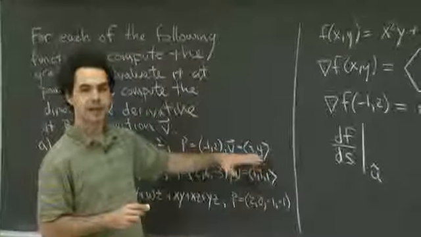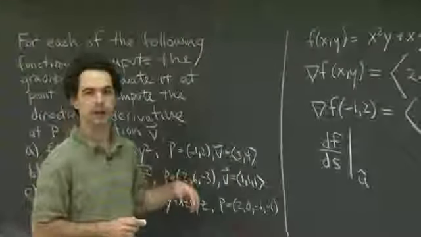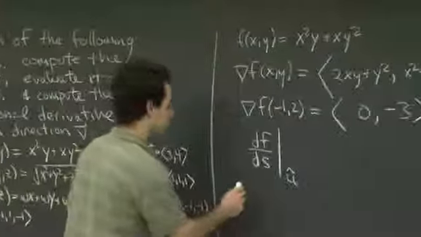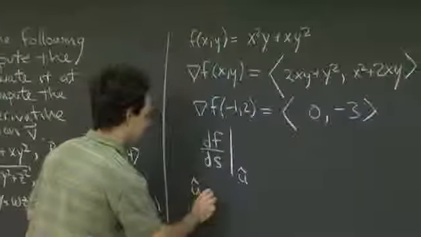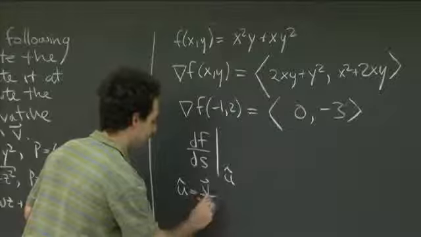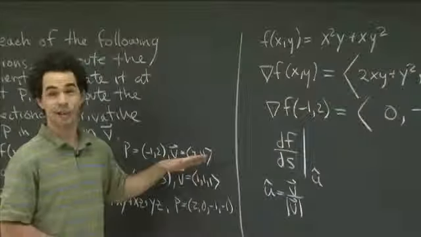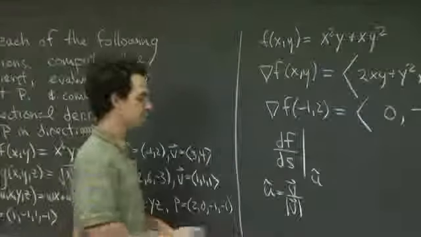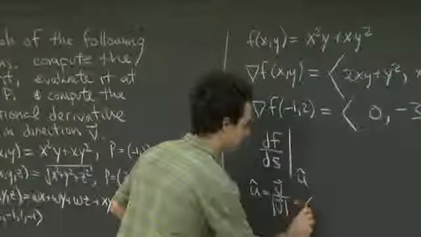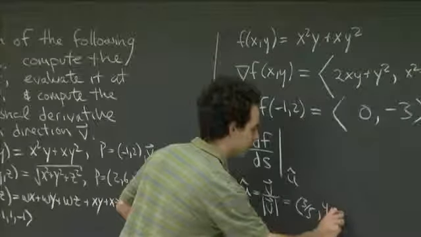And so we need to find the unit vector u in the direction of v in order to apply our usual formula. So u is just v divided by the length of v. In this case, the vector 3, 4, by the Pythagorean theorem, has length 5. So this is equal to the vector 3/5, 4/5.